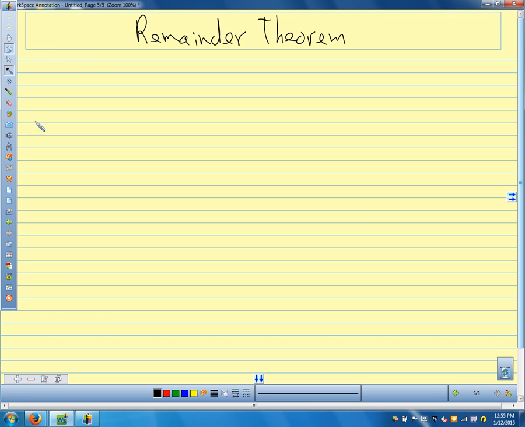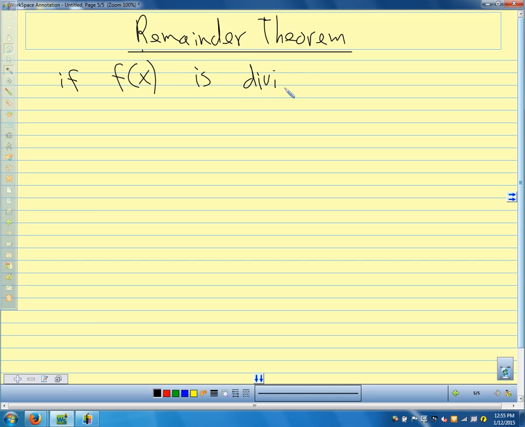The remainder theorem tells us that if we have a polynomial, f of x is a polynomial, and we're dividing this by x minus k, the remainder is f of k.